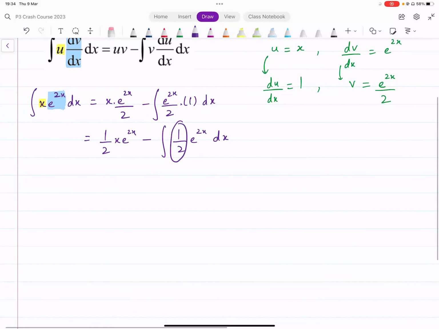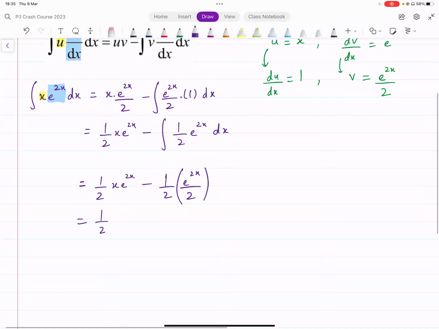1 over 2 is just a constant. We could also just write it outside the integral if we wanted. All we have to do is integrate this part. Okay, let's do that. That gives you 1 over 2 into x e raised to power 2x minus 1 over 2. This number stays as it is. What's the integral of e power 2x? It's e raised to power 2x divided by 2.